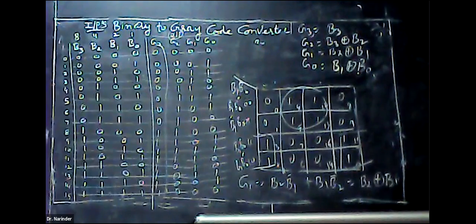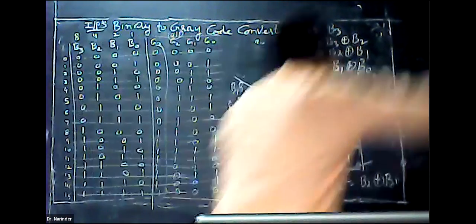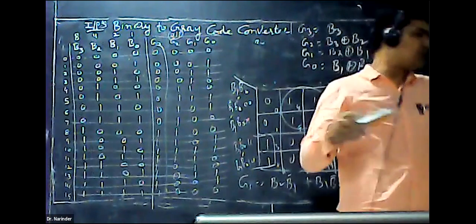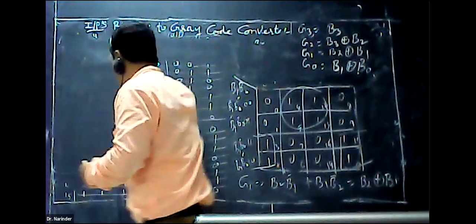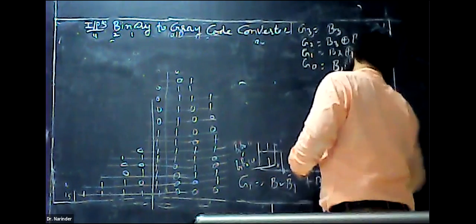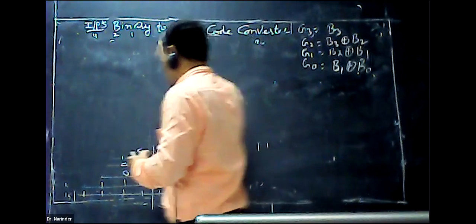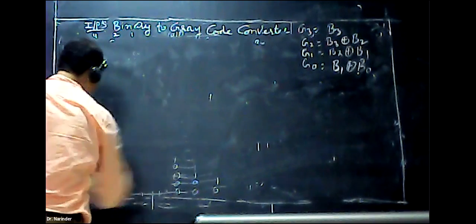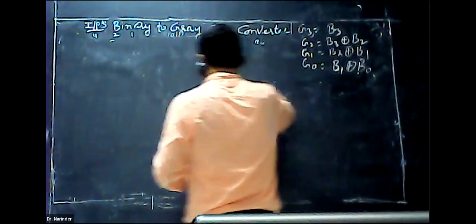Now we can implement it by using logic circuits. Yes, students. We have the relation between B0, B1, B2, B3 and G0, G1, G2, G3. We have these expressions.